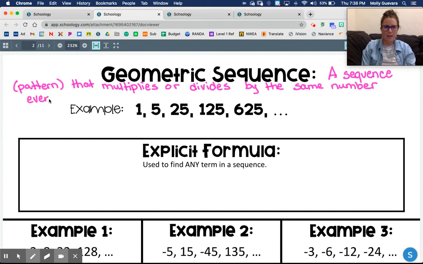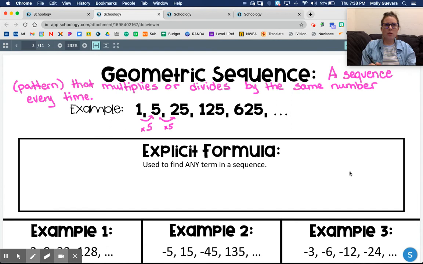So instead of adding or subtracting the same number every time, it's multiplying or dividing by the same number every time. An example here is I go from 1 to 5. In order to do that, I multiply by 5. Then from 5 to 25, I multiply by 5. I can keep going, but in this case, I multiply by 5 every time.